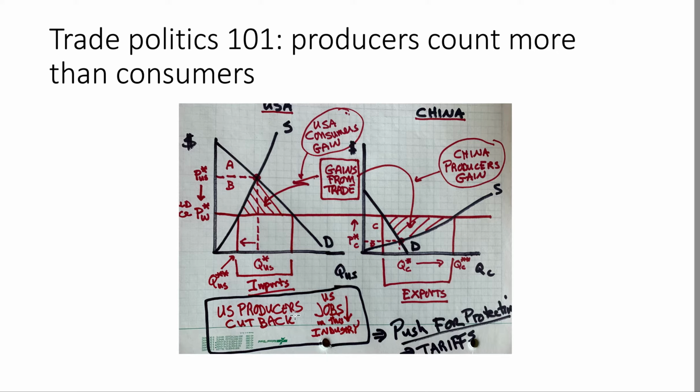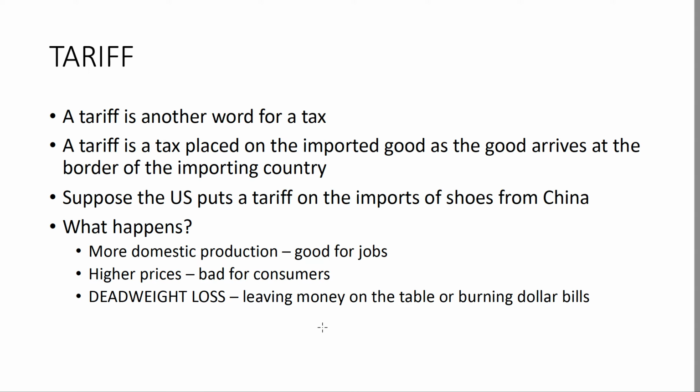U.S. producers cut back, industries go down, and they are going to scream bloody murder and push for protectionism and push for, let's say in this case, tariffs, a tax on whatever is traded, so that the world price that comes to the United States then gets a tax added onto it so that domestic production can be more competitive.